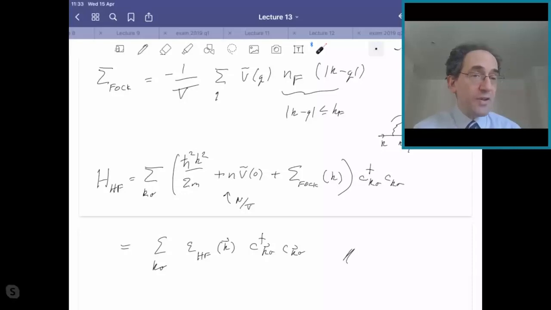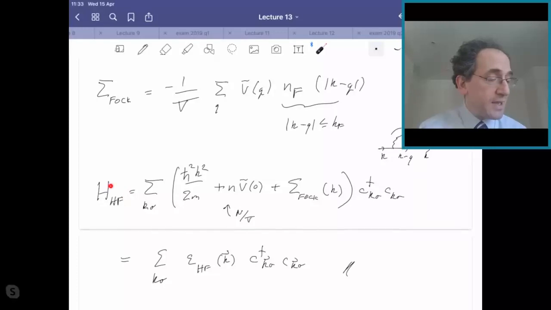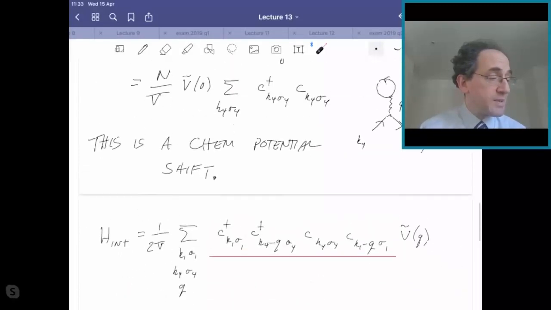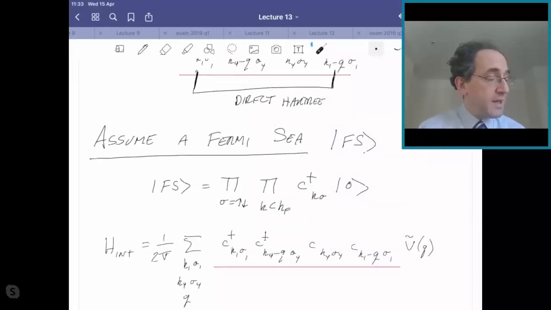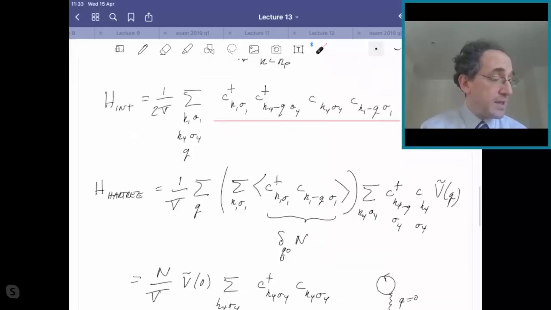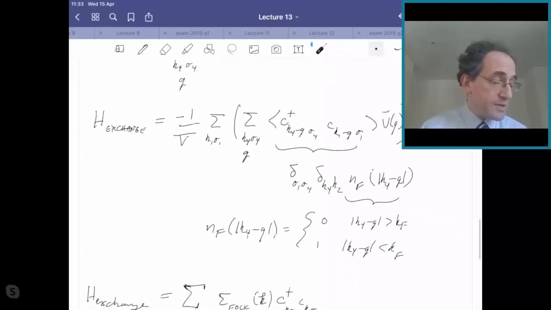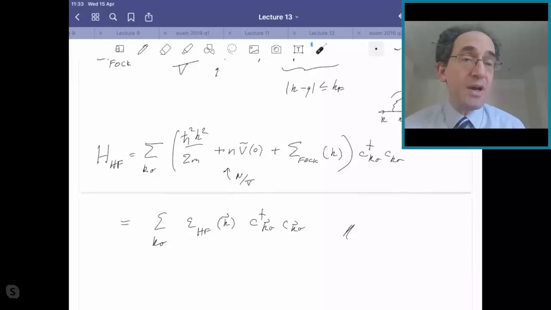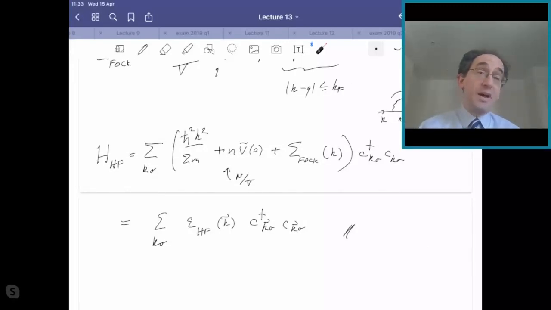Now, this is also interesting for another reason. We started with the conjecture, back here, that the ground state is just the simple Fermi sea, and what we did by calculating the Hartree-Fock Hamiltonian is calculate the expectation value of the interaction in the Fermi sea ground state.